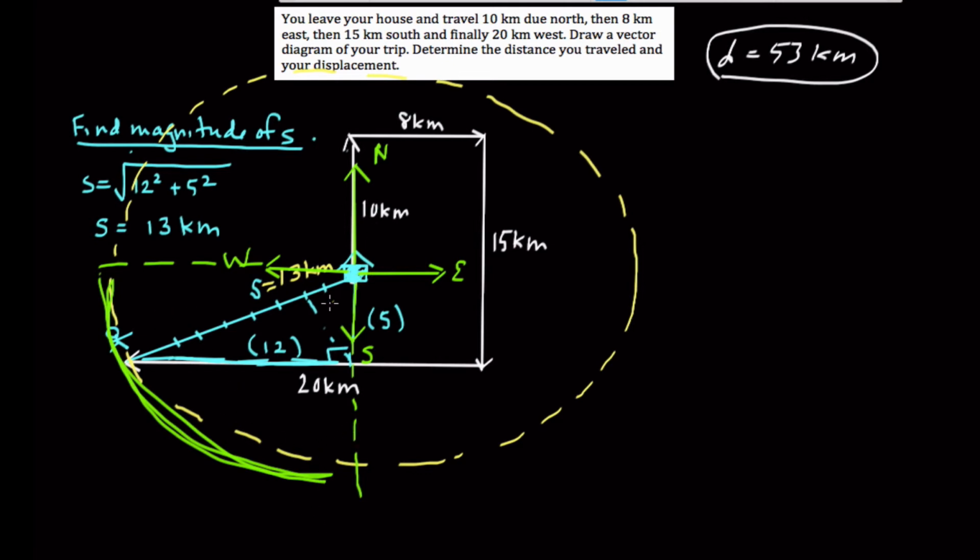So you need to be more specific, and we actually know how to calculate this angle here, theta. You could call home and say, I'm 13 kilometers away at this angle relative to south or relative to west. This would be relative to south. But let's calculate this angle here.